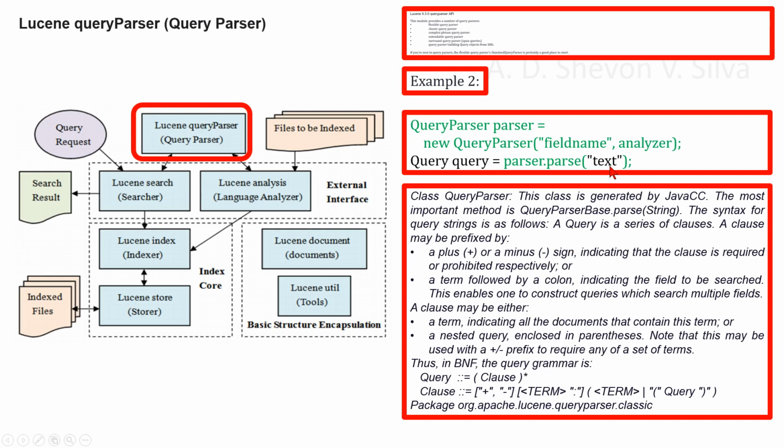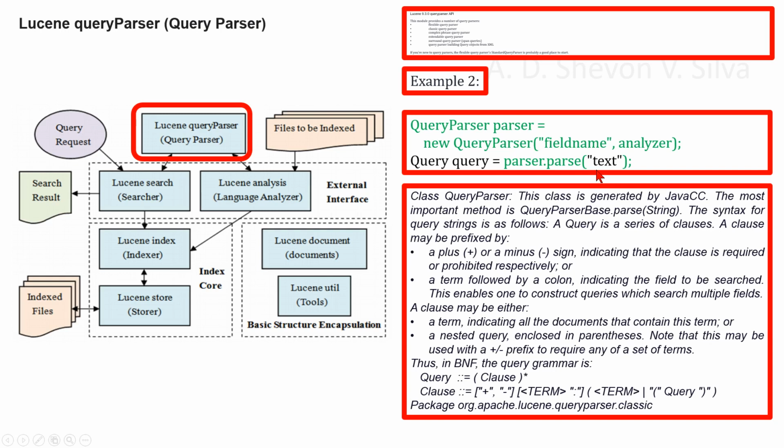This enables one to construct queries which search multiple fields. A clause may be either a term indicating all the documents that contain this term, or a nested query enclosed in parentheses. Note that this may be used with a plus or minus prefix to require any of a set of terms.